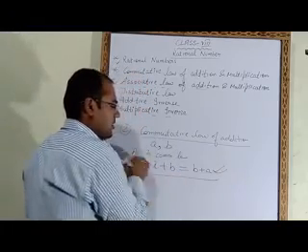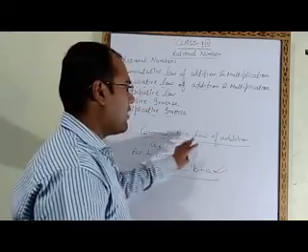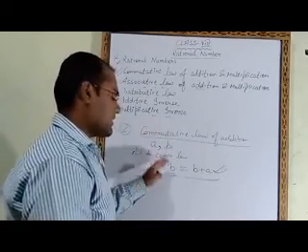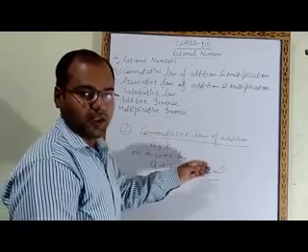So this law is called the commutative law of addition. What you have to remember in the commutative law is that a plus b will be equal to b plus a.